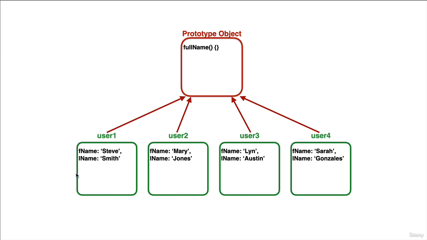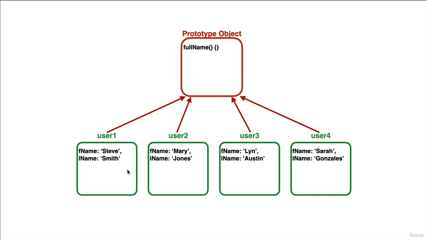The JavaScript engine will first look on the object itself, can't find it, then it will look on the prototype. But what if the prototype had a property up here in our prototype object? What if it had a property of fName and/or lName? What would happen then? Would the object use its own fName property and lName property? And the answer is yes, of course it would.